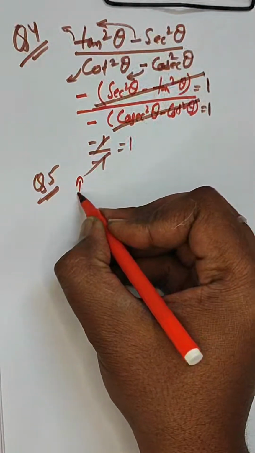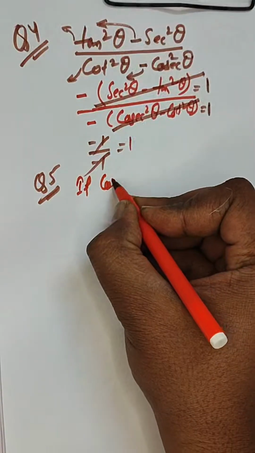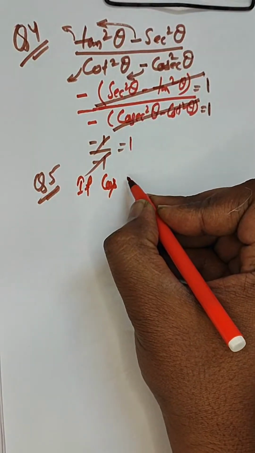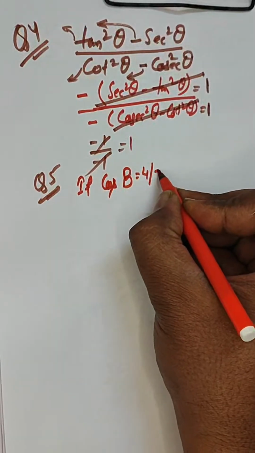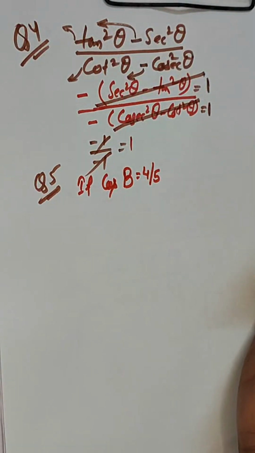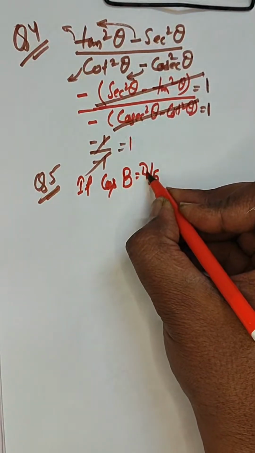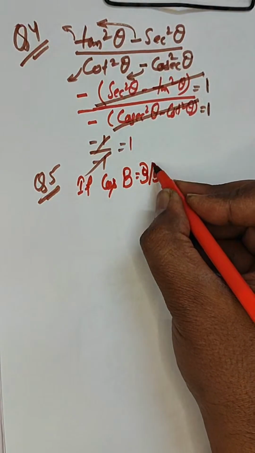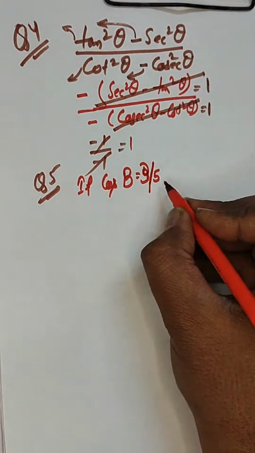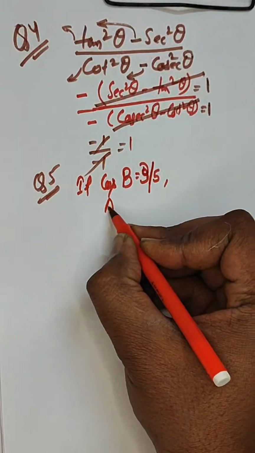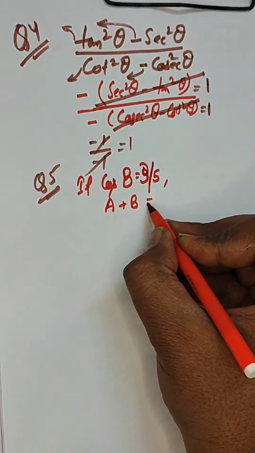If cos of a certain angle b is equal to 3 by 5, and a plus b is equal to 90 degrees, find the value of sine a. It's given that cos b is 3 by 5, and it's also given that a plus b is 90 degrees.